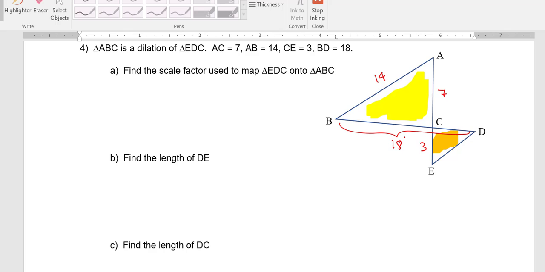Okay, we're supposed to find the scale factor that's used to map this smaller one to the bigger triangle there. And so let's just take a look at an individual point. Here's the center of dilation, and the original amount was going in this direction, 3.